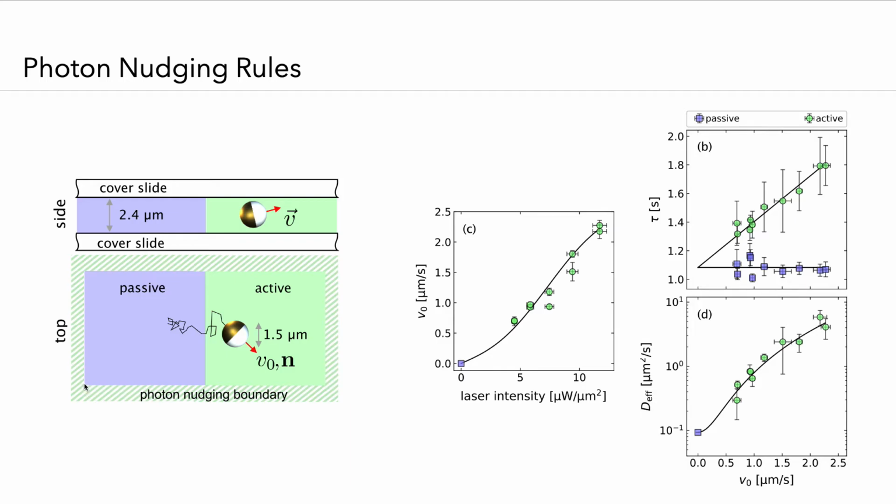This is done by choosing this rectangular region, and whenever a particle leaves this rectangular region, you just apply photon nudging to push it back, right? So this is here a photon nudging boundary. I told you already that it's perfect to confine particles.